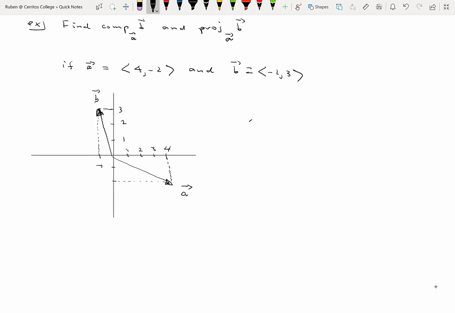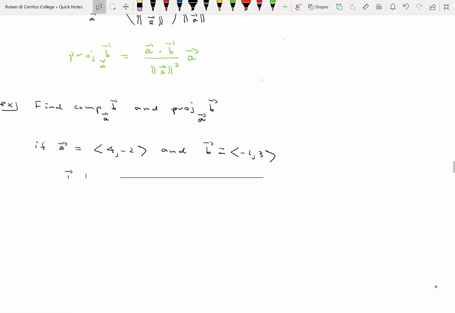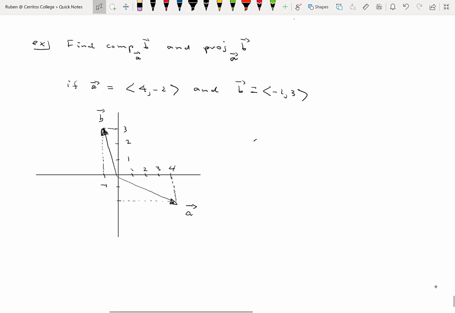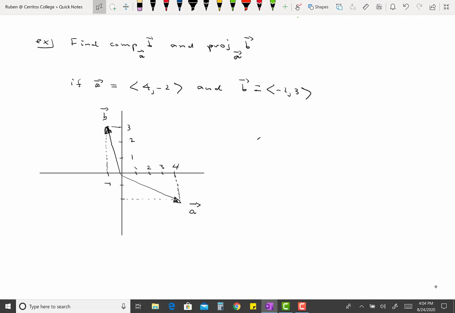Find the component of B in the direction of A and the projection of B in the direction of A if the vector A is the vector whose components are 4 and -2, and B, also a vector in R2, is a vector whose components are -1 and 3. Oops. Sorry about that. Okay. I drew the two vectors as position vectors because I'd like to actually see geometrically what these quantities are giving.